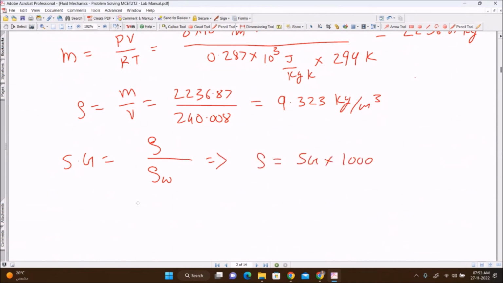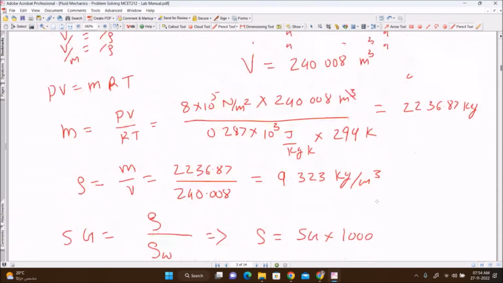The density is 9.323 divided by 1000, and it is very less: 0.0009323, and it has no unit as it is a ratio of densities.